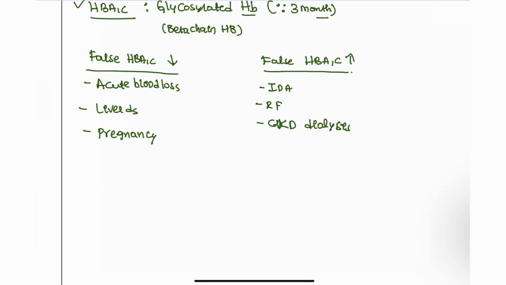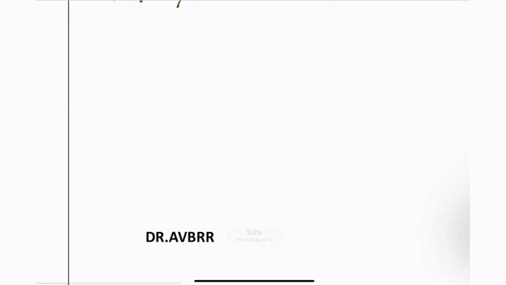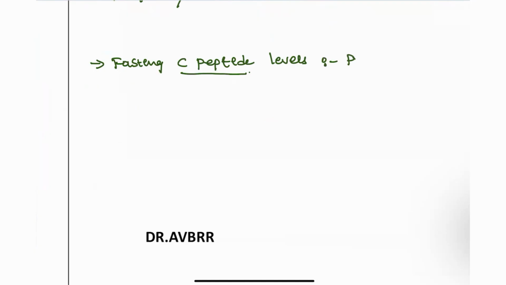Next, what other investigations can be done for this patient? One is fasting C-peptide levels. So why are the C-peptide levels important? What is C-peptide actually? It is the precursor of insulin. So we will get to know whether it is type 1 or type 2 diabetes mellitus.